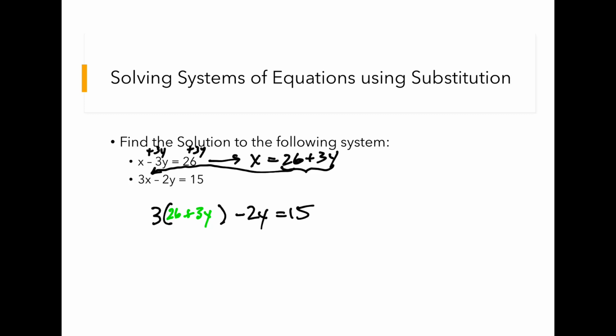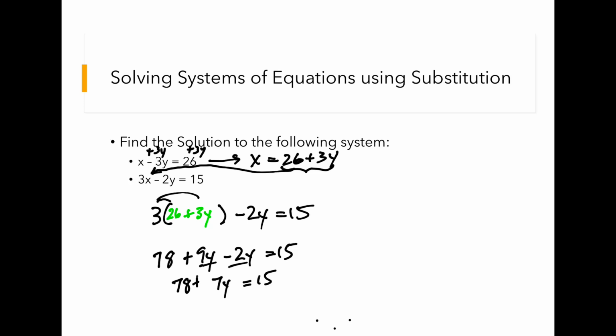And now we have an equation that just involves y, so we can solve this for y. We'll distribute the 3 here, so 3 times 26 is 78 plus 9y minus 2y equaling 15. And we can combine these two terms, so that gives me 7y plus 78 equals 15.